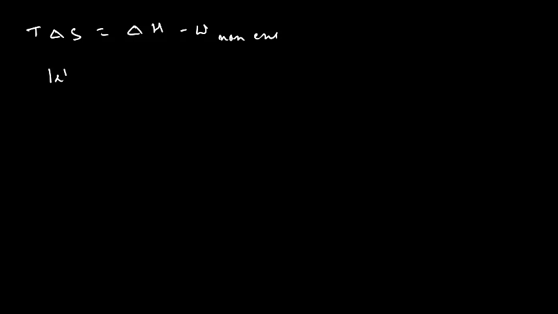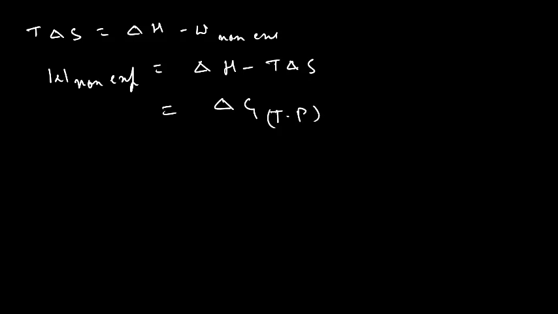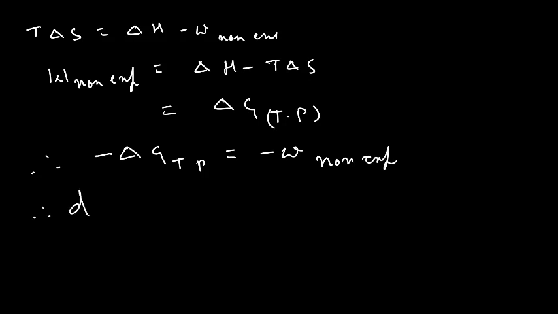Therefore, W non-expansion is equal to delta H minus T delta S. Delta H minus T delta S is nothing but delta G at constant temperature and constant pressure. Therefore, minus delta G at constant temperature and constant pressure equals minus W non-expansion. Non-expansion means non-PV work.